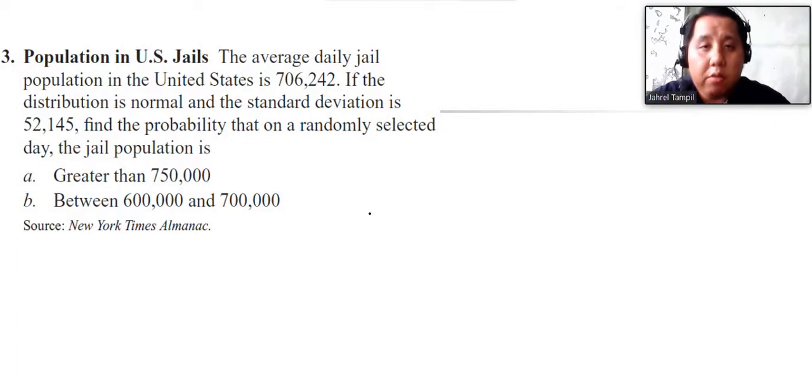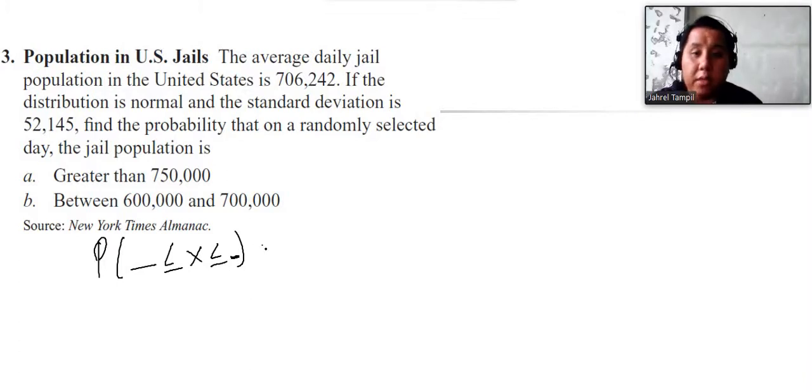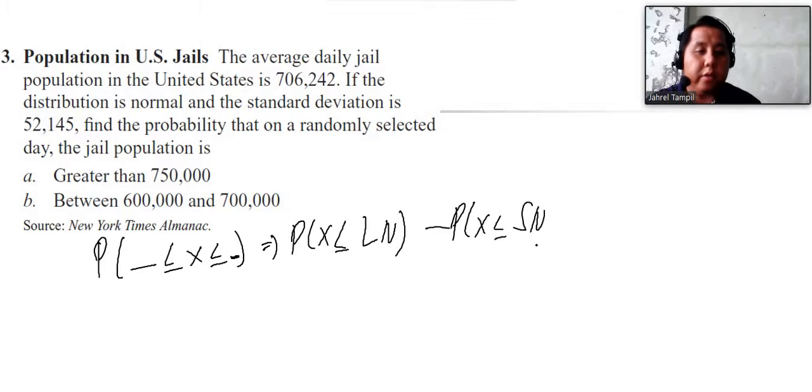So if you encounter problems, and the problems are normal distributions, the first thing to do is to analyze what we should do. Remember, we have three things. If it's in between two numbers, then we will have the probability of the larger number minus the probability to the left of the smaller number.